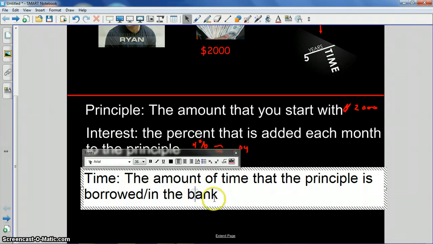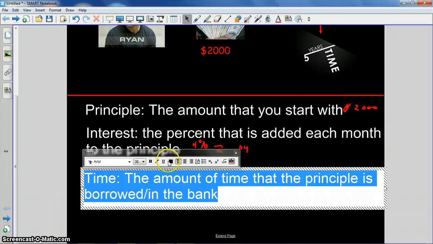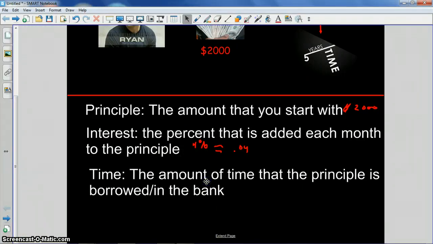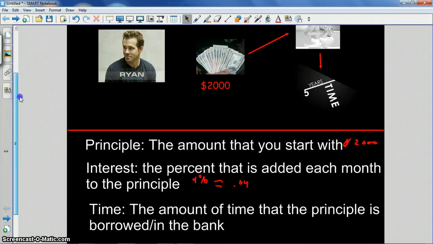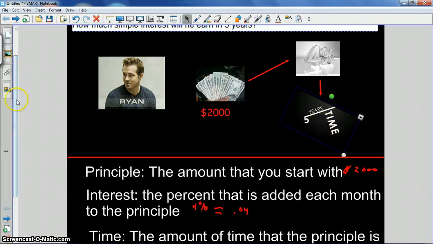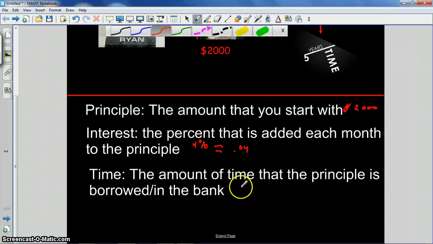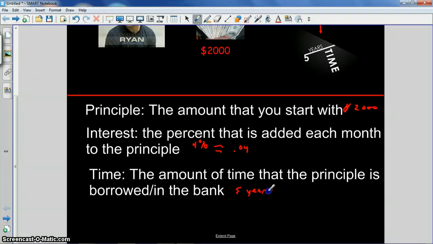And so that's the last part that you need to make sure you know in order to do this. So in this case, our time period is 5 years, and it said that in the problem as well. So we're dealing with 5 years.